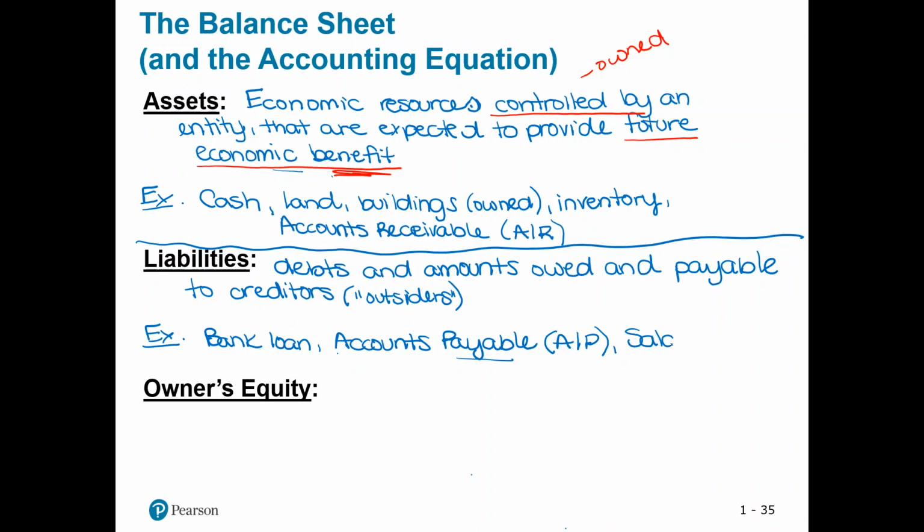Another example is salaries payable. Often employers have a payroll cutoff, or you have to have your timesheet in on a Friday, but the payroll department needs time to process that, so you might not actually get paid till the following Friday. So say the first Friday where the cutoff is December 31st.